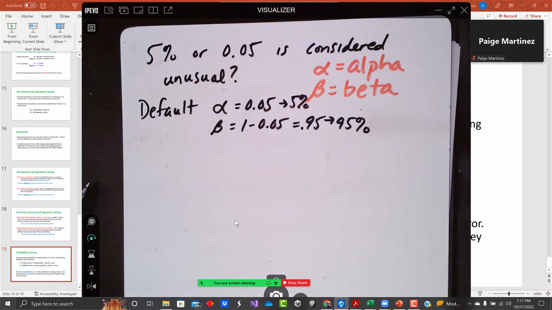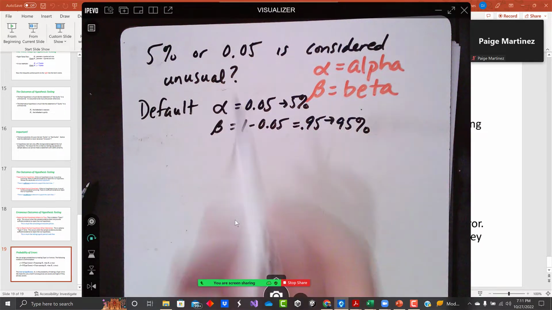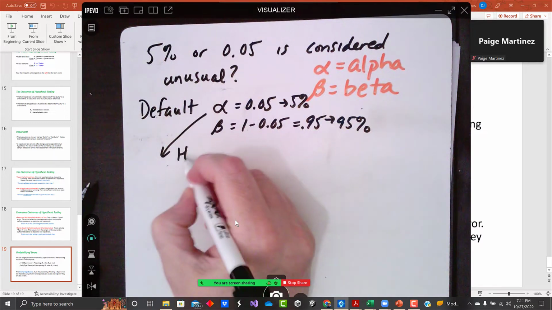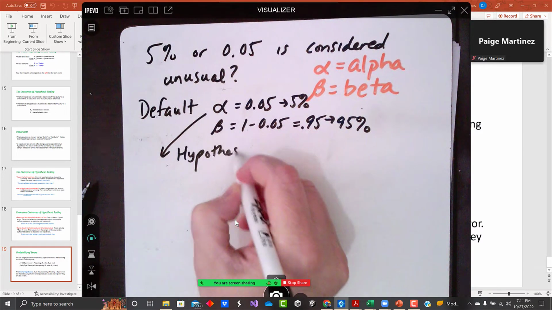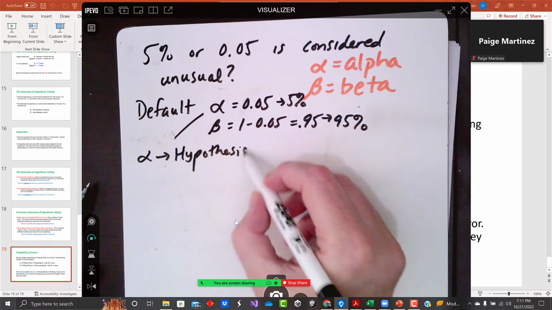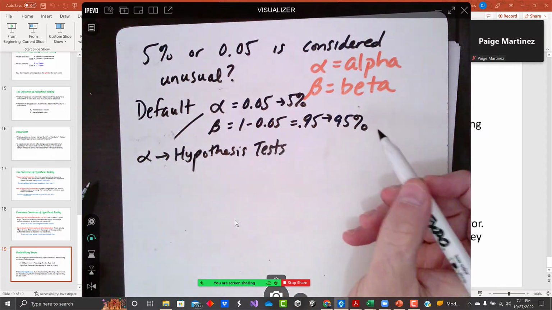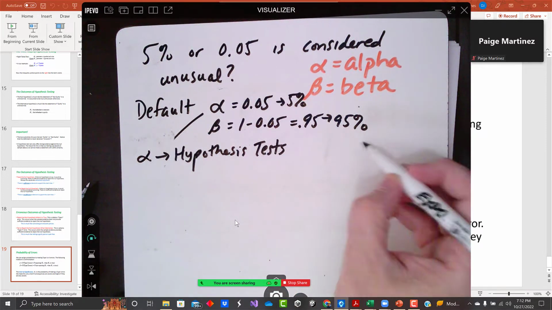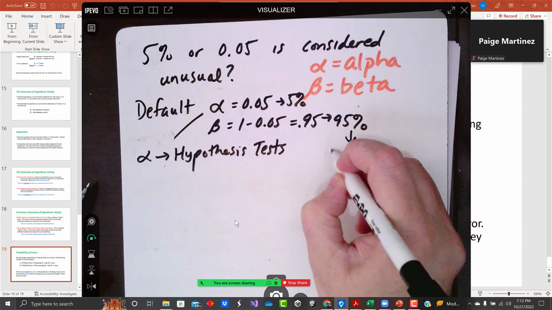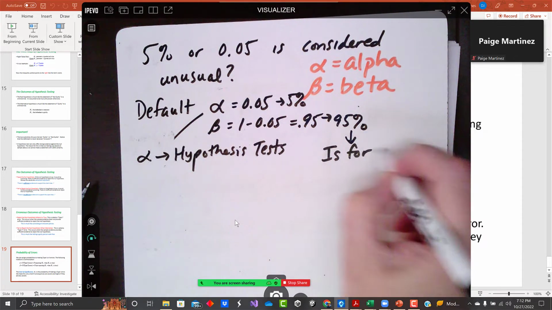Okay? This is the alpha we use for hypothesis tests. Alpha is for hypothesis tests. And oddly enough, beta is for confidence intervals.